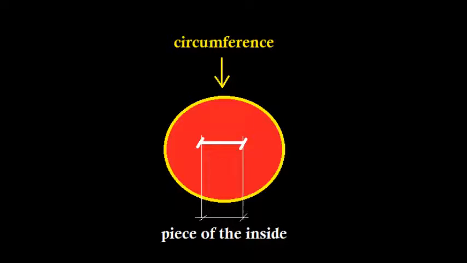It will always occupy a certain amount of space. And the problem is that as soon as the circumference occupies a certain amount of space, it will contain an inside part, which is always going to be smaller than the circumference. And that always contradicts the idea that the particle as a whole is the smallest thing in existence.